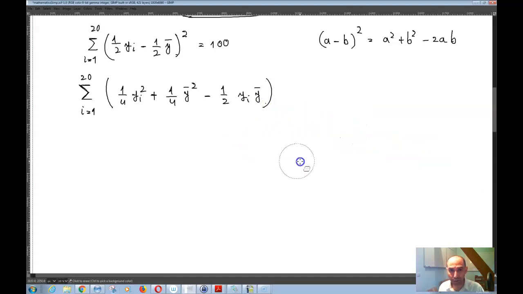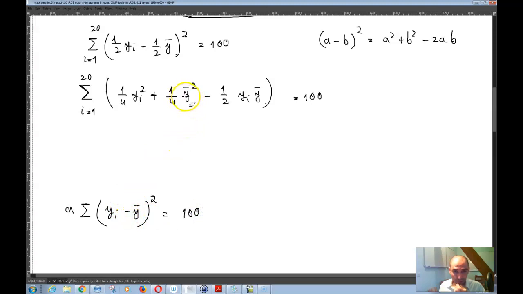And that is equal to 100. Now your goal is to write this equation in the form sigma of y of I minus y bar raised to the second power is equal to some constant, for example 100.